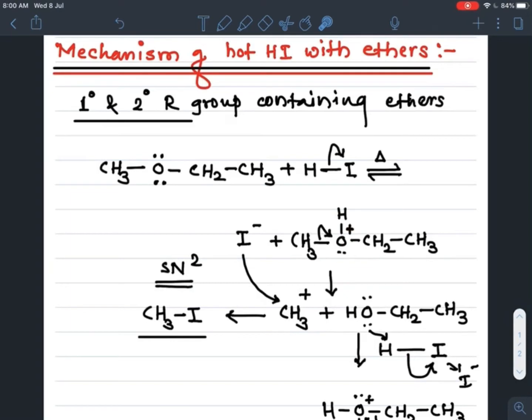In the second step, which is the fast step, this unstable intermediate reacts quickly, and the bond between C and O breaks heterolytically. Oxygen attracts the pair of electrons towards itself, forming ethyl alcohol. At the same time CH3 plus combines with I minus and we get methyl iodide. In this step both concentrations, I minus and CH3 plus, are equally important, and that's why an SN2 mechanism takes place.